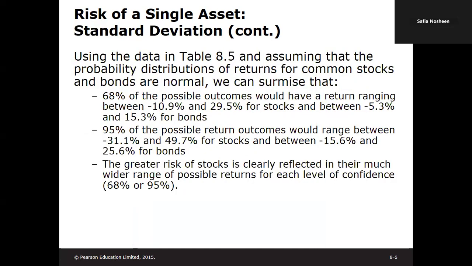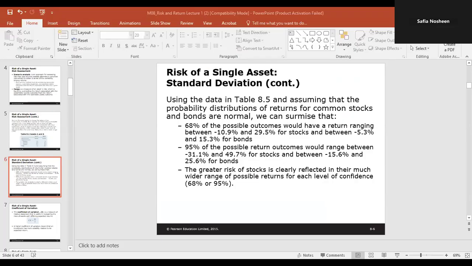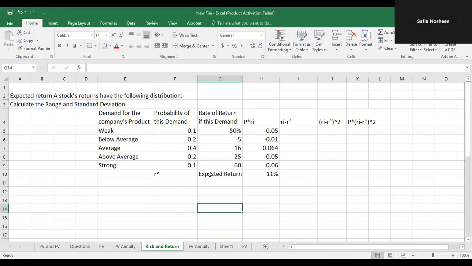The third most important tool that we use in risk assessment is the calculation of standard deviation. For this, we will use the same data given in the Excel sheet, the same one in which we calculated the expected returns.